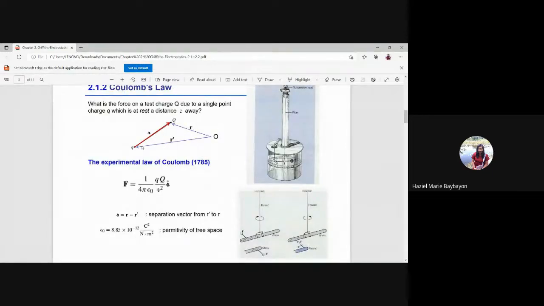So we have Coulomb's law. Coulomb's law states that the force on a test charge Q due to a single point charge q, which is at rest a distance r away, is given by this equation: 1 over 4 pi epsilon naught, q times Q over the separation distance squared, r hat.